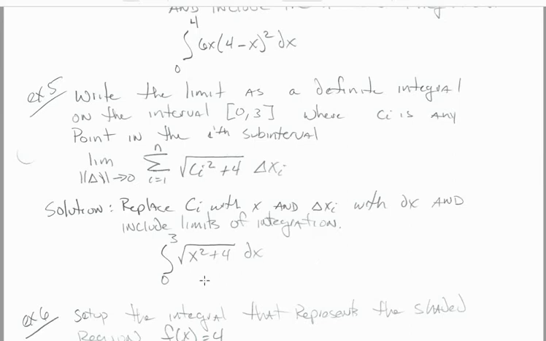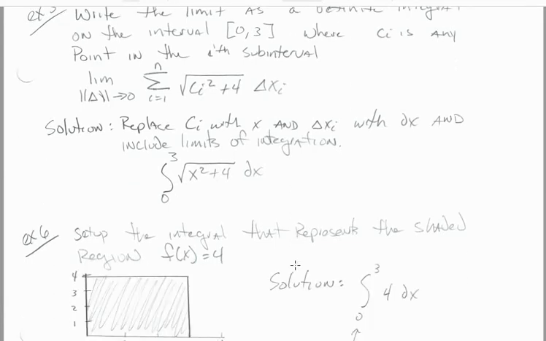So our integral is going to look like 0 to 3 of the square root of x squared plus 4 dx. So this is our integral. Pretty straightforward. That one should be pretty easy for you guys.